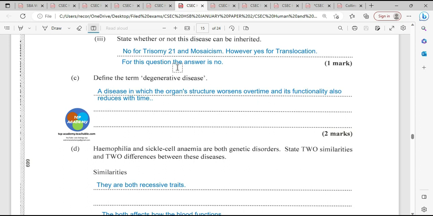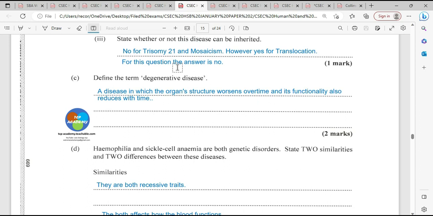Define the term degenerative disease. I like to refer to degenerative disease as a type of disease in which the body parts become worn and start to malfunction or become dysfunctional. It is a disease in which the organ structures worsen, failing to perform over time, and its functionality also reduces.